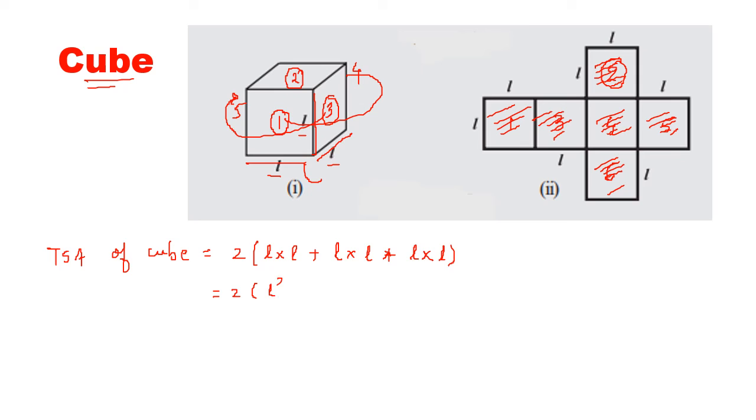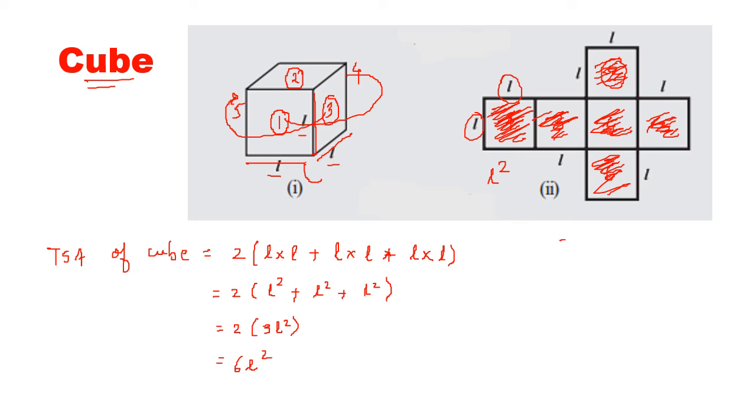So it is 2 into (L square plus L square plus L square), that is 2 into 3L square, or 6L square. Or you can see directly the area of this square is L into L, so L square, and since all the areas are equal, 1, 2, 3, 4, 5 and 6, you can directly write the TSA of a cube is 6L square.